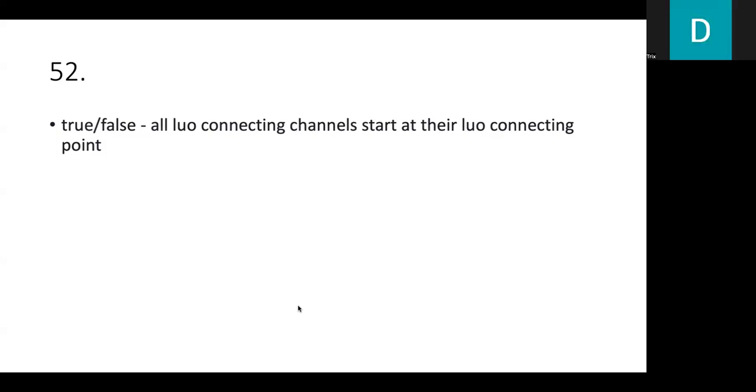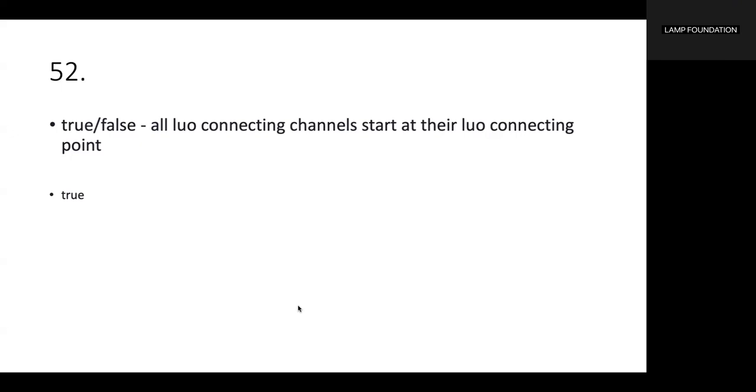What about this? All luo connecting channels start at their luo connecting point. All of them. True. What's the luo connecting point of the stomach? Stomach 40.